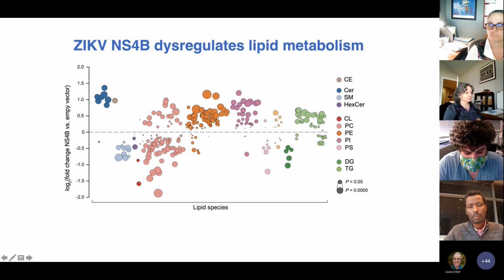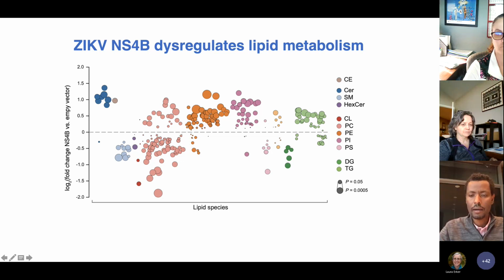This is a bubble plot. On this axis is the log two-fold change, and the size of the bubble corresponds to the p-value. The larger the circle, the more significant it is.